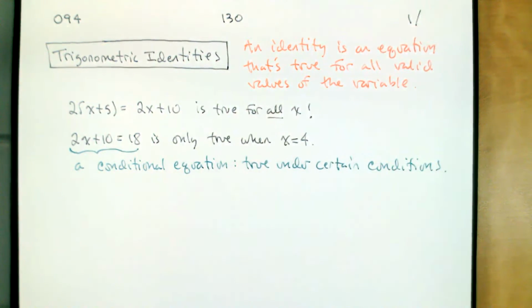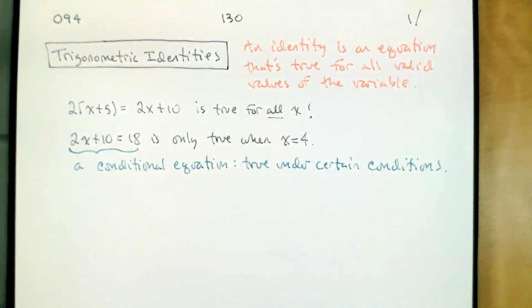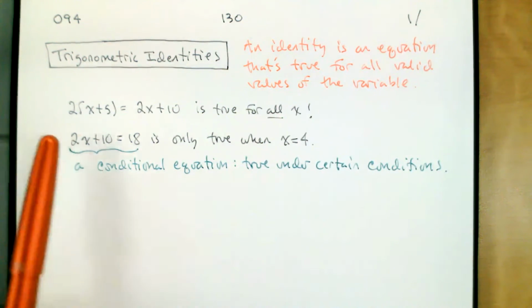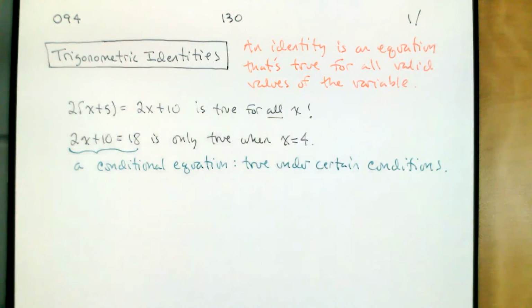A conditional equation is true under certain conditions. This equation is true under the condition that x is equal to 4. If x is equal to 4, this equation is true. If x is anything but 4, the equation is not true.